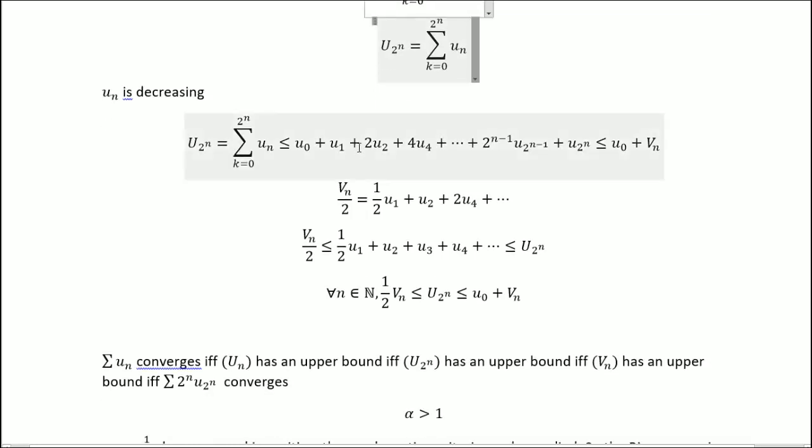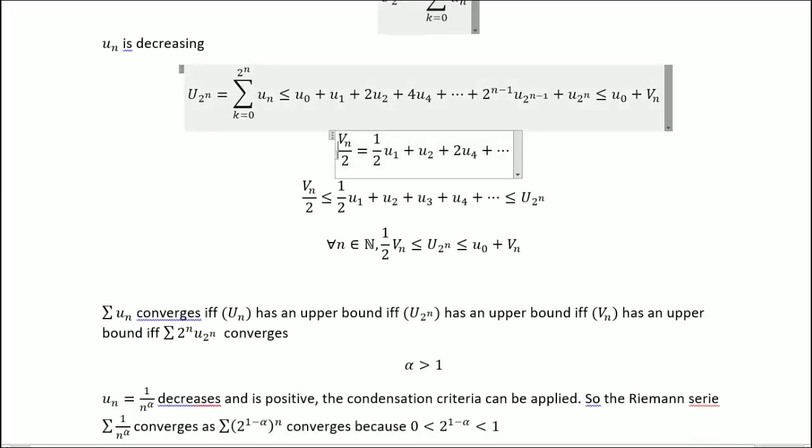We are getting this because when you develop, you'll get u_1 plus u_2, u_3, and you're doing this inequality where u_2 plus u_3, since u_n is decreasing, you get this. So that's it. Now we know that V_n over 2 is u_1 over 2 plus u_2 plus 2u_4.